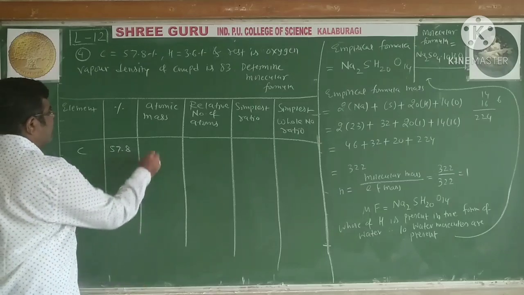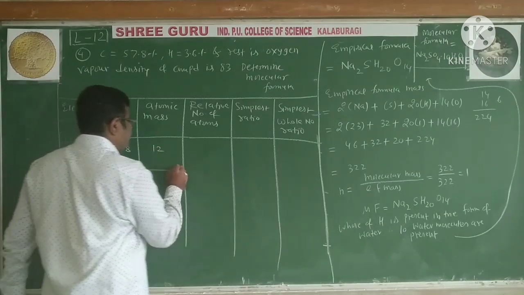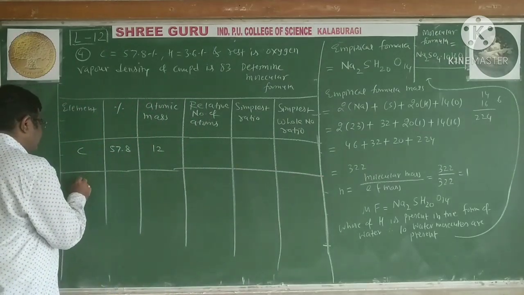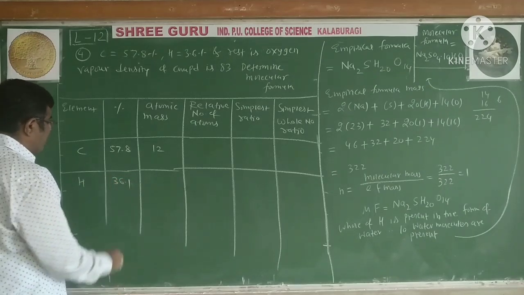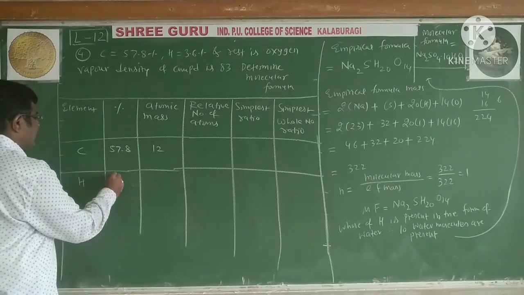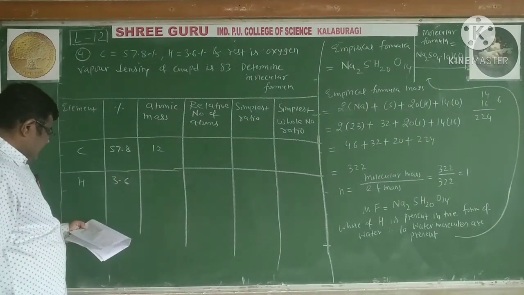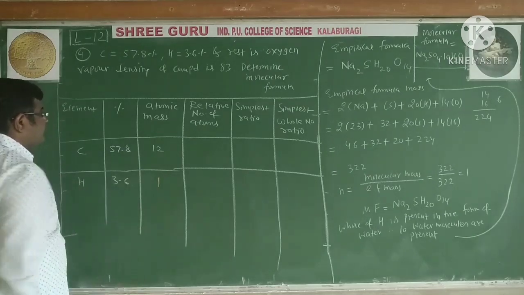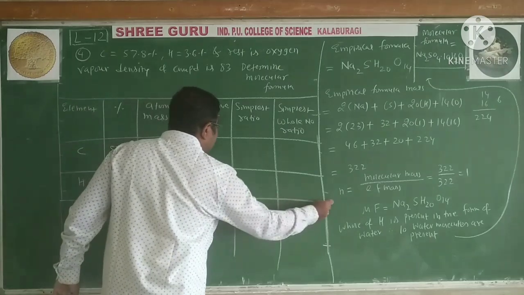There is carbon, 57.8. Atomic mass is 12. The hydrogen is 3.61, right? 3.6%. Atomic mass is 1. And they said that remaining is oxygen.